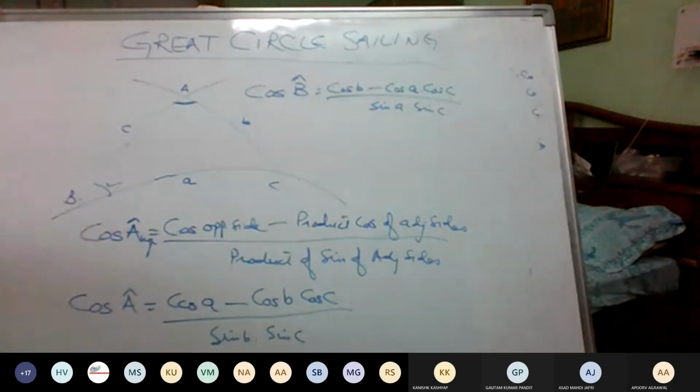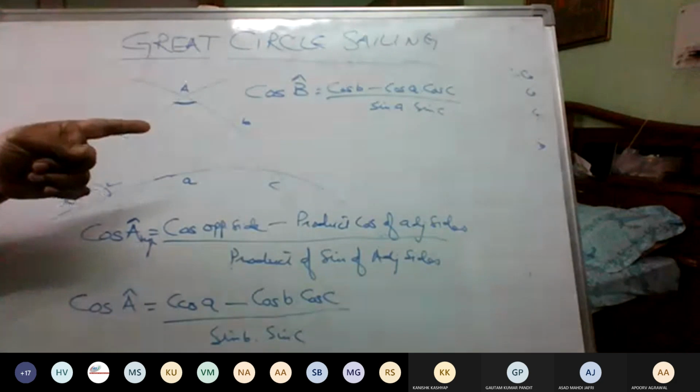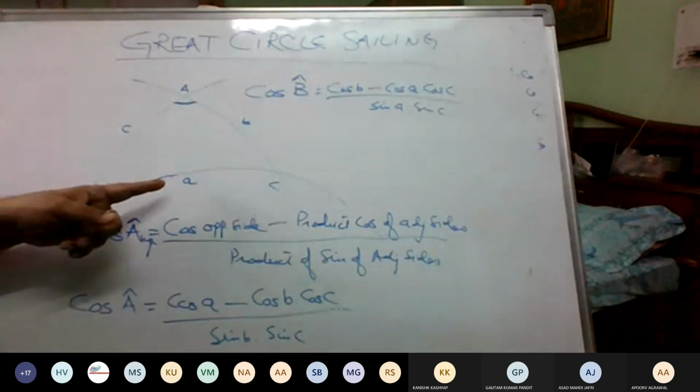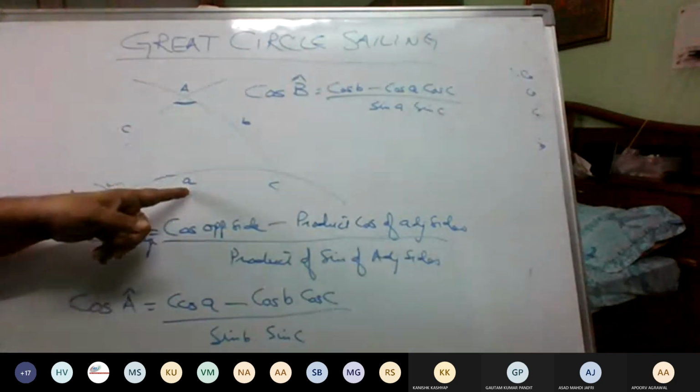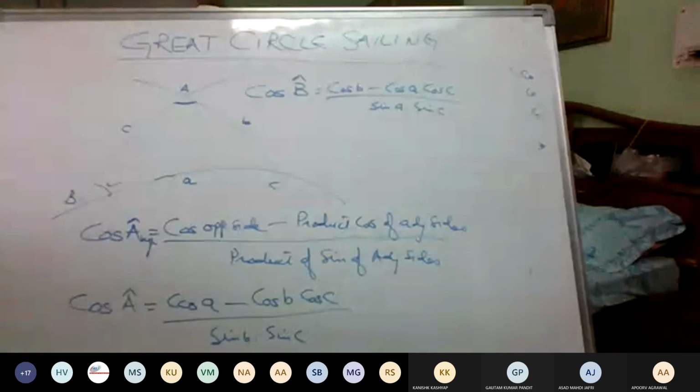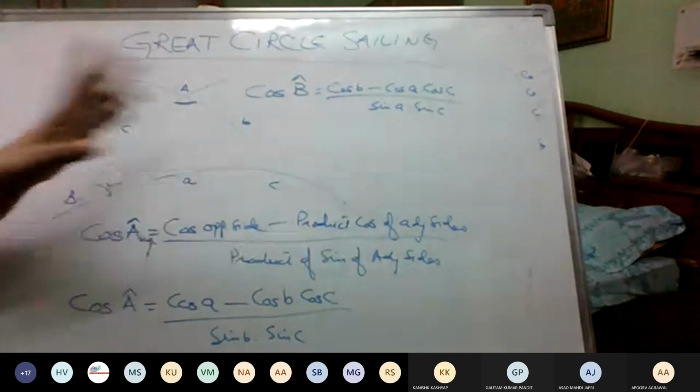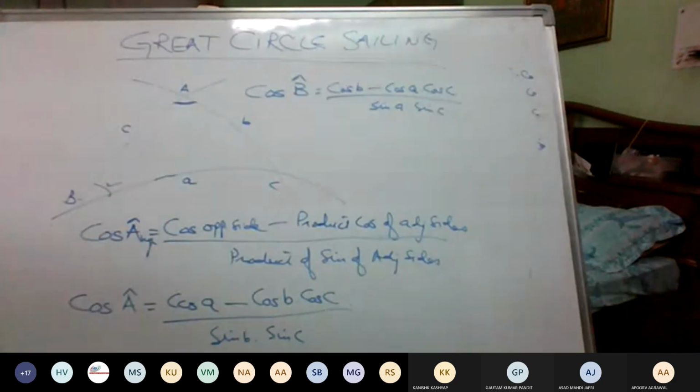Same thing, cos of C can be cos of small c minus cos of small a into cos of small b, divided by sine of small a sine of small b. Okay.